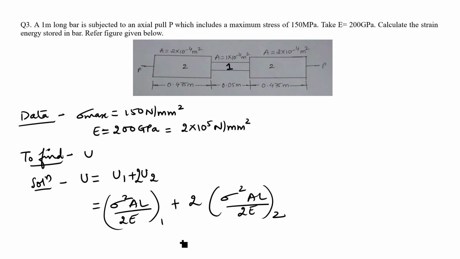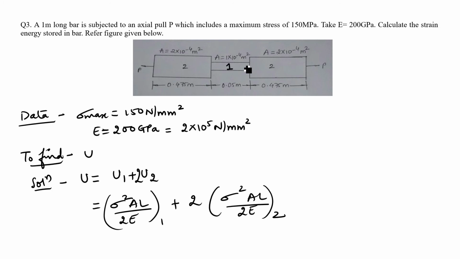Now for calculating sigma, the formula is load upon area. The value of load is not given to me, it is written as P. This is very important. It is given that the maximum stress on this member is 150 megapascal. Look very carefully, the first bar and the second bars have a different value of area. The stress which will be applied on both of these bars will be of different magnitude.